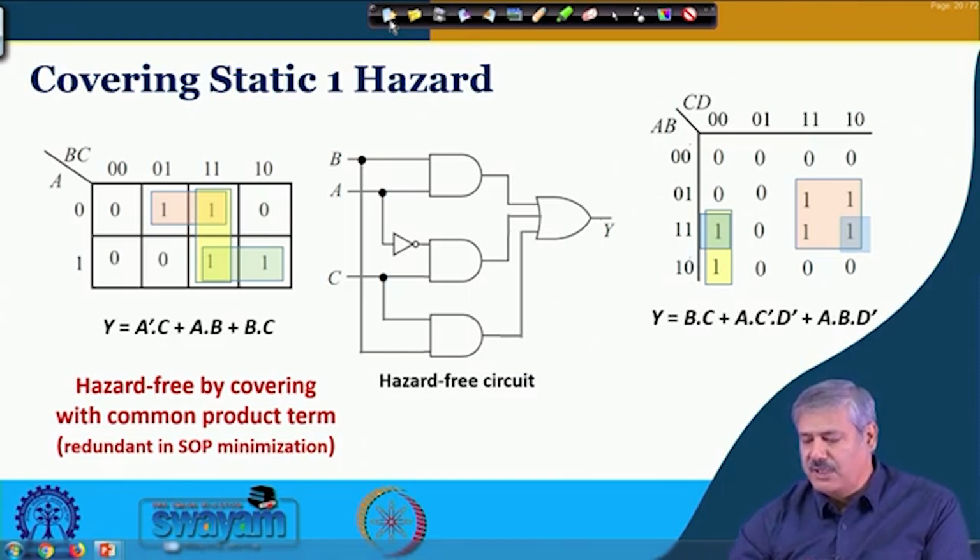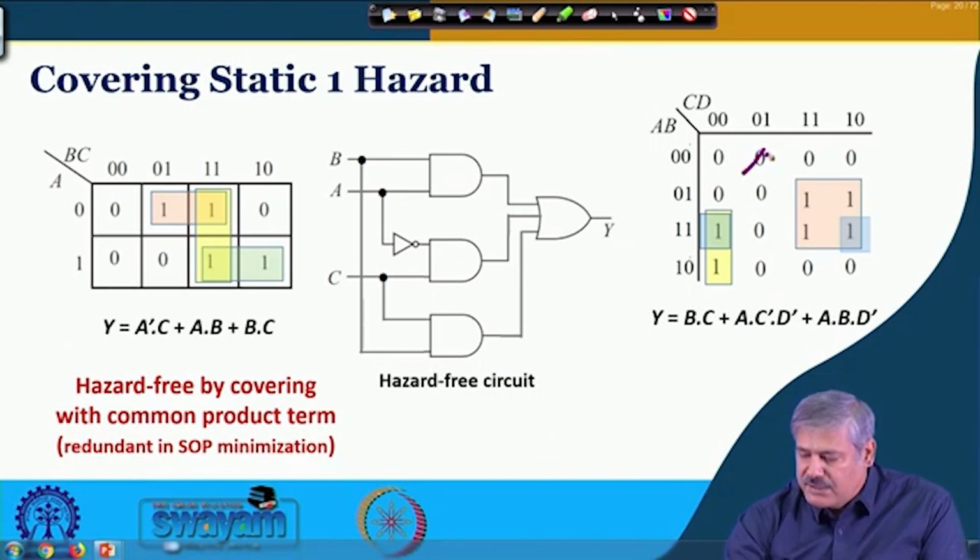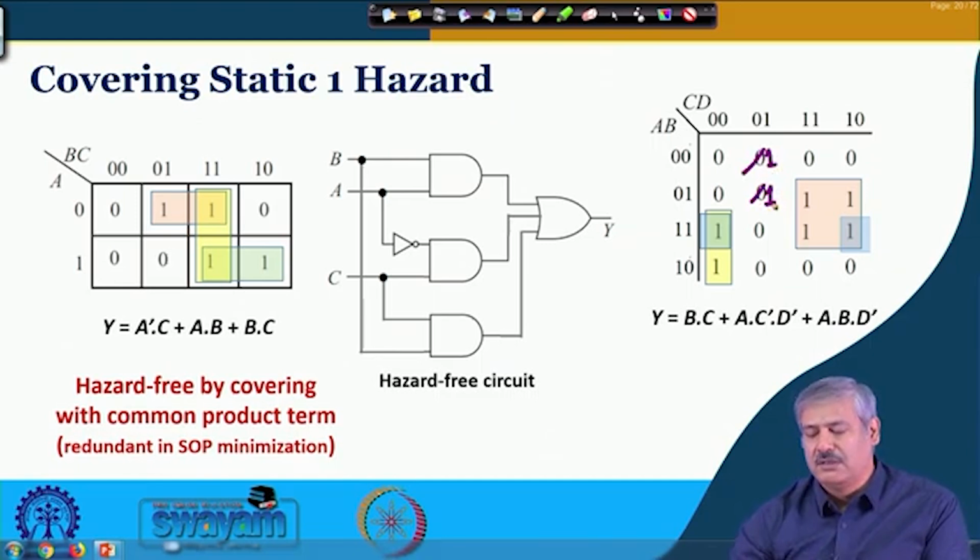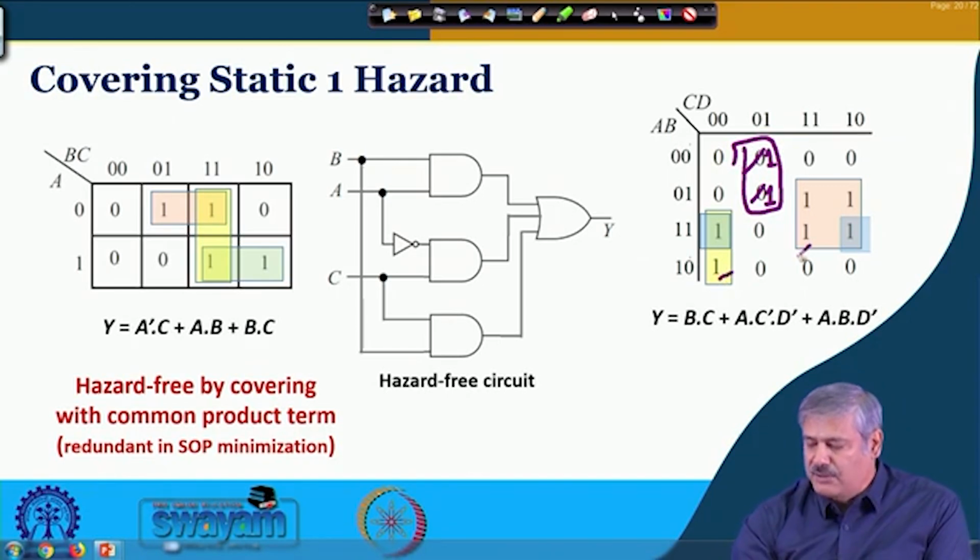For example, in this particular example, if we simply modify it, like this is 1 and say this is 1, right, then the minimized representation will be like this, this one and the other one. Now, to make it hazard free, there are two potential glitches.